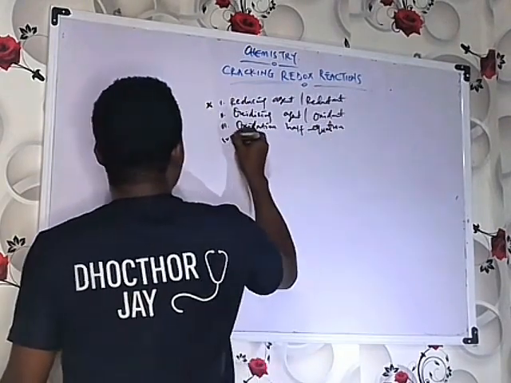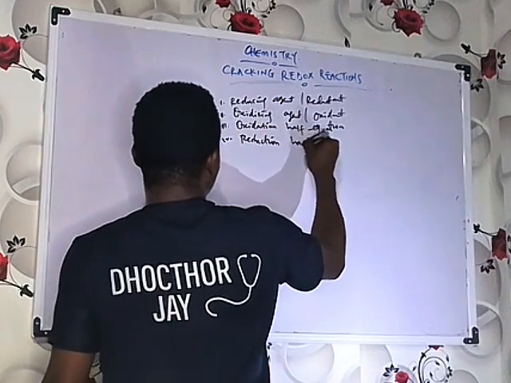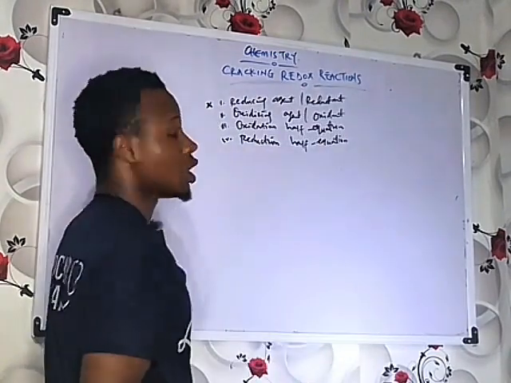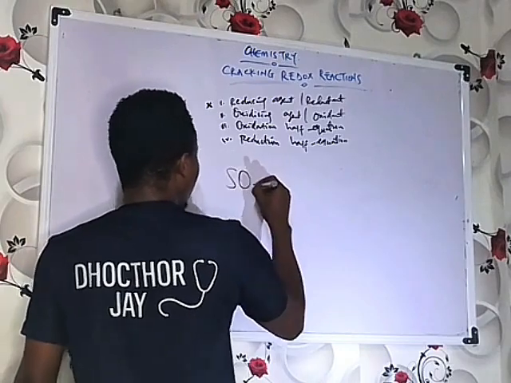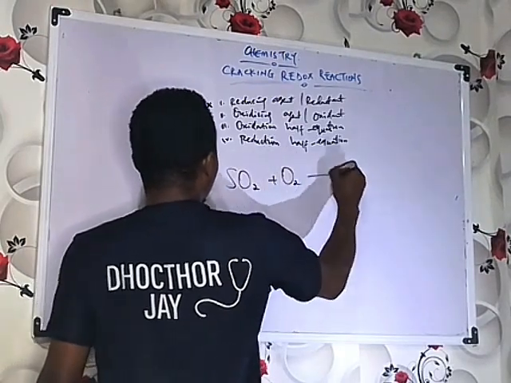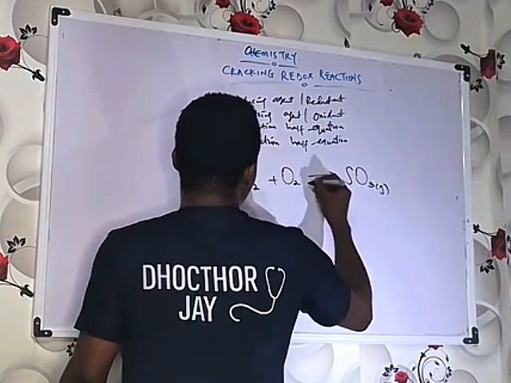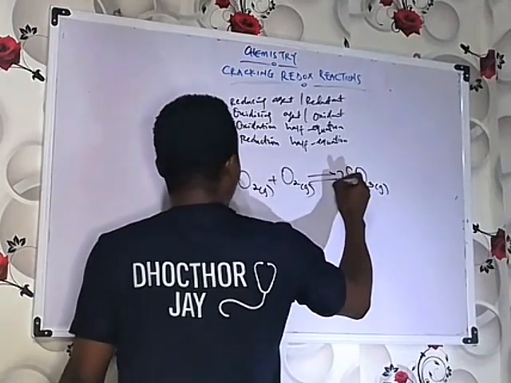And number four, the reduction half equation. All right, so we are identifying four things in this equation. The equation is SO2 plus O2 to give us SO3. All right, let me balance it up for you.